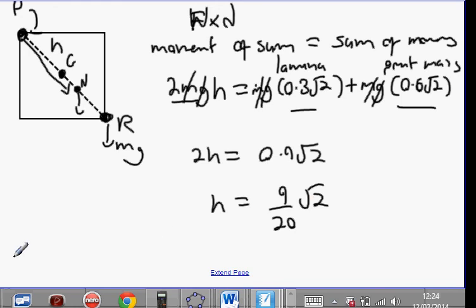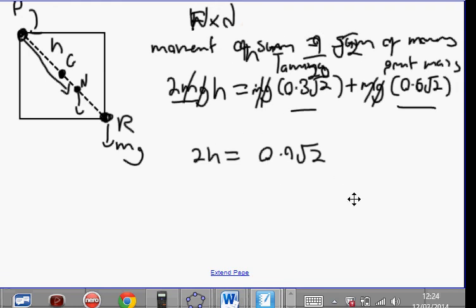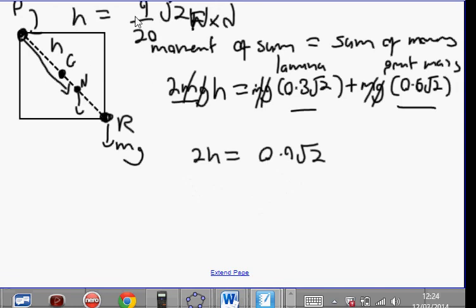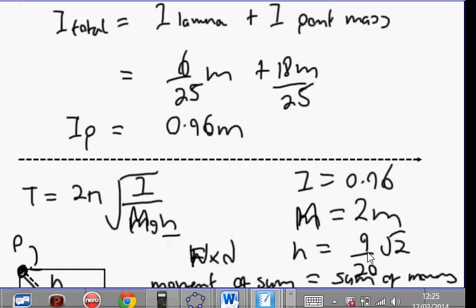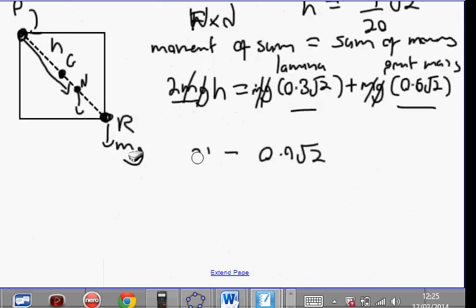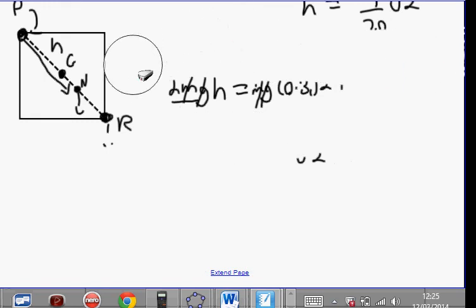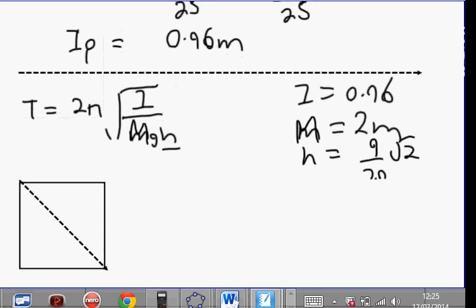Now finally we can figure out what the pendulum is by using this value here. Okay? So we go back to what we started off with, and now we've completed everything we need regarding the pendulum. So we have all our information for the pendulum, which we will do now.